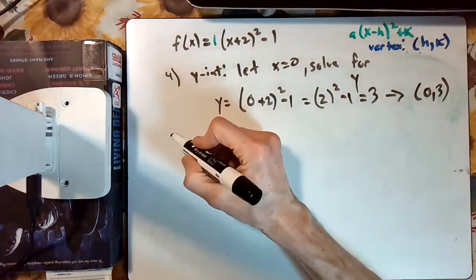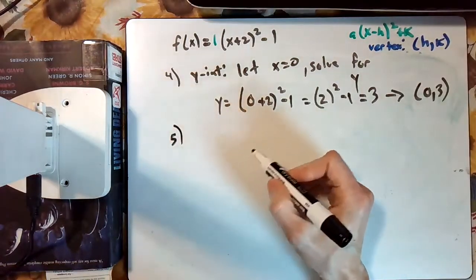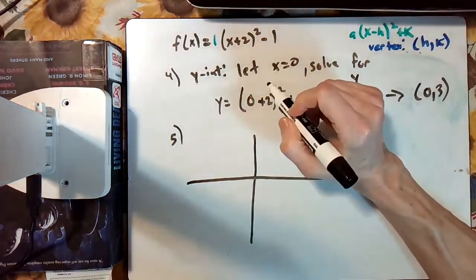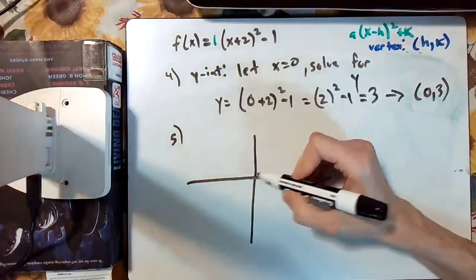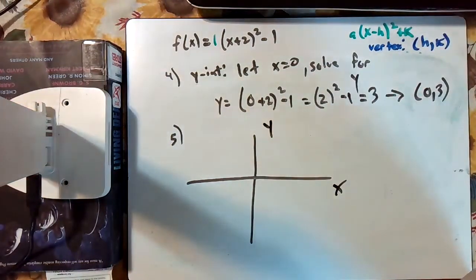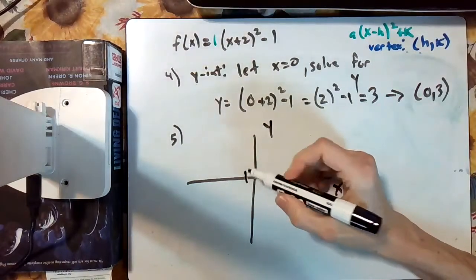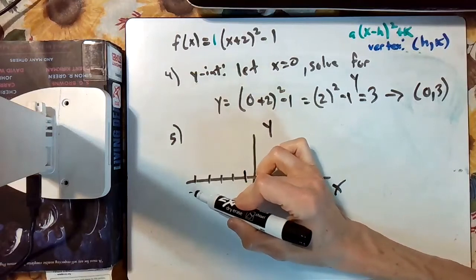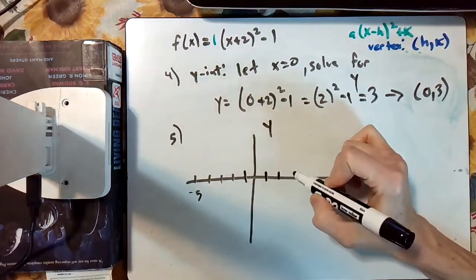Now the fifth part is saying let's sketch the function, right? And what do we need? We need the vertex. We got that. And we have some other nice points, which are the x-intercepts and y-intercepts. But first, let's go ahead and plot the vertex.